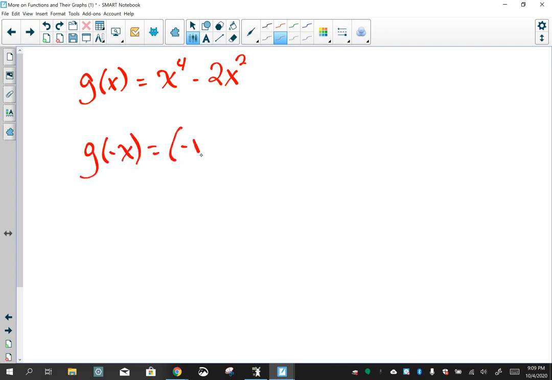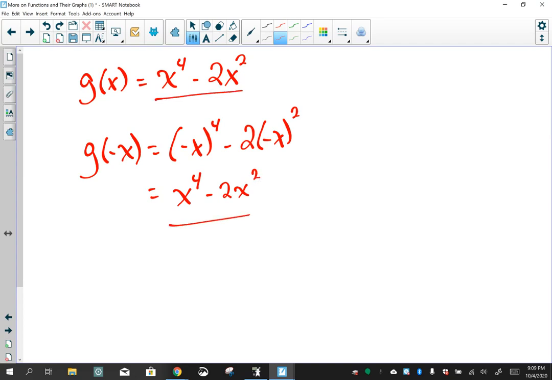So I've got negative x to the fourth minus 2 times negative x squared. Negative x to the fourth is still x to the fourth, and minus 2 times negative x squared will be x squared. I get the same thing back. So this and this match, and because they match, I wind up with an even function.